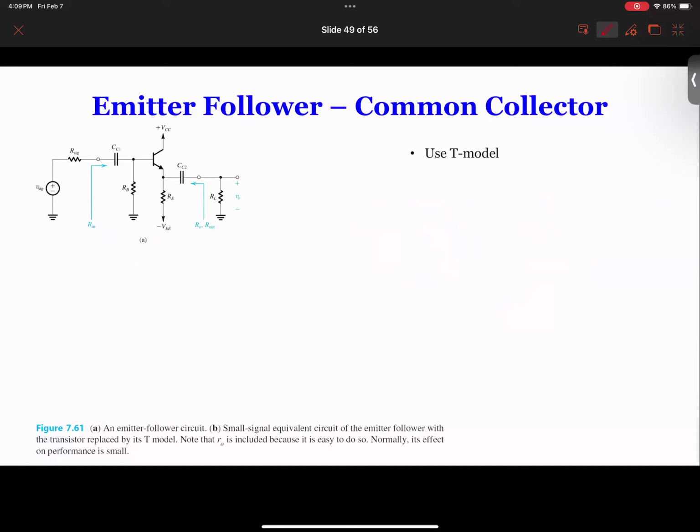So with the T model, let me draw it here before we show the actual circuit to make life easier. So this is our T model.